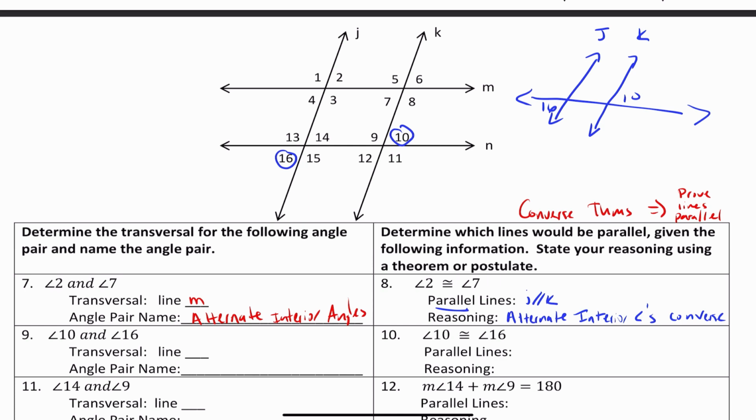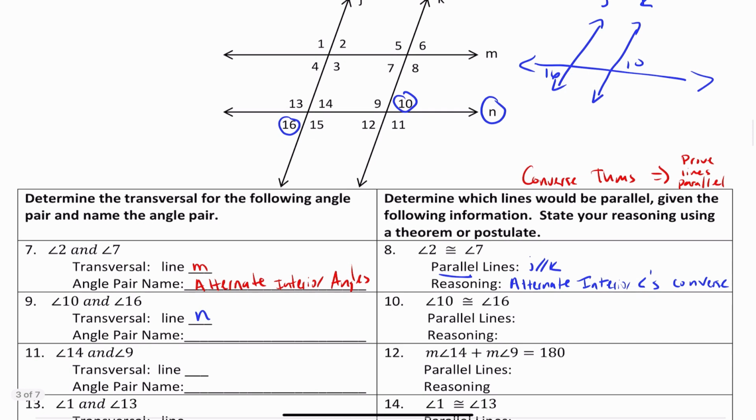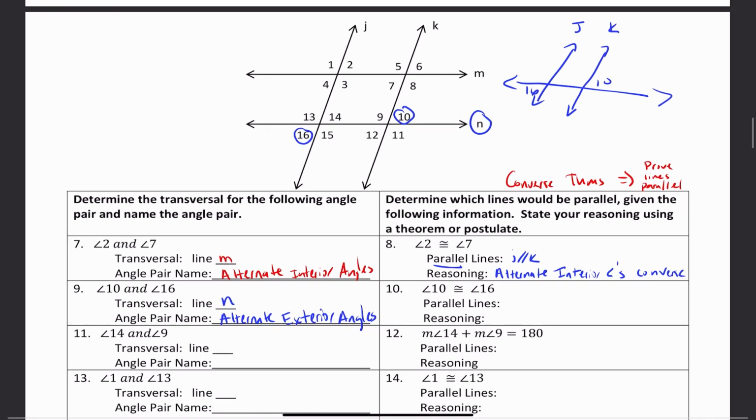So then we say that the transversal is line N, and the angle pair will be alternate exterior angles. Alternate exterior angles, okay?